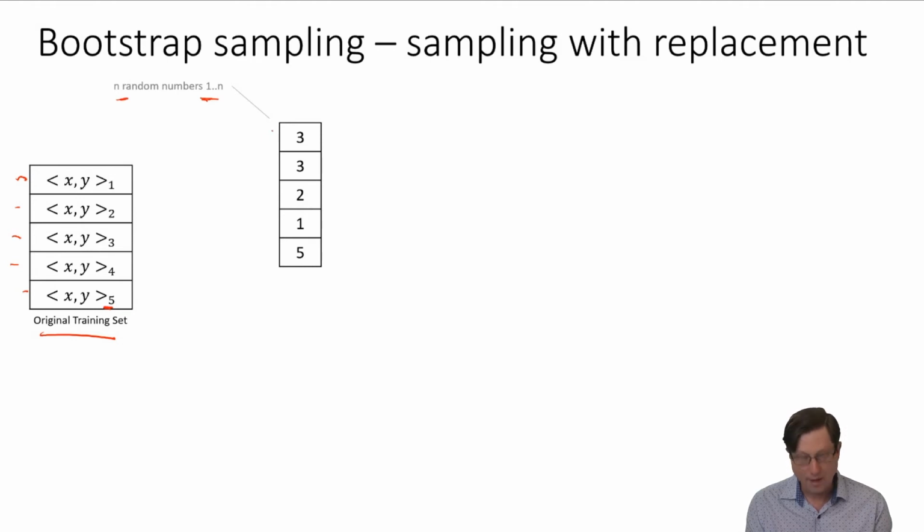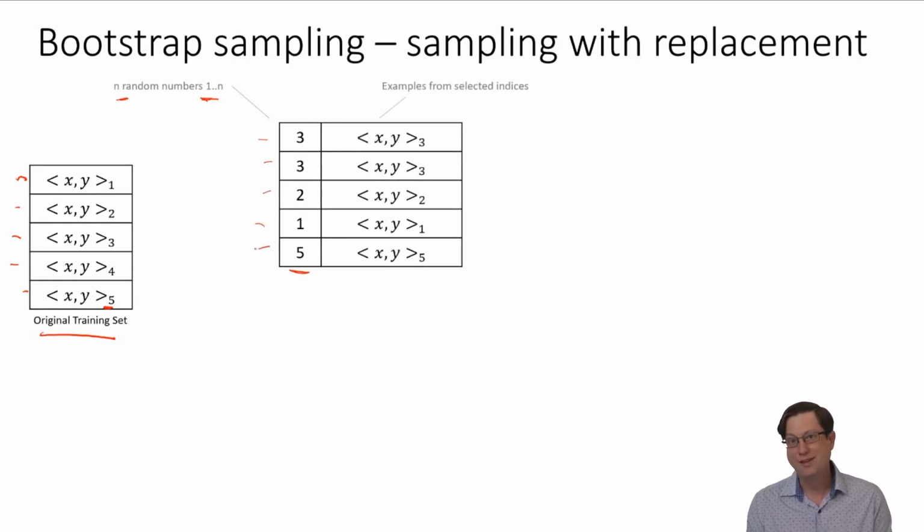Here's your array with the random numbers: 3, 3, 2, 1, 5. Then you just move the associated sample over. You can see here sample 3 appears in this Bootstrap sample 2 times, and sample 4 doesn't appear in the Bootstrap sample at all.